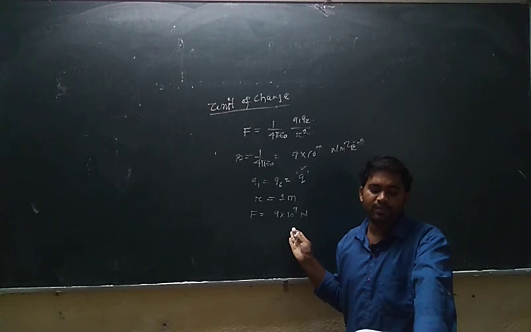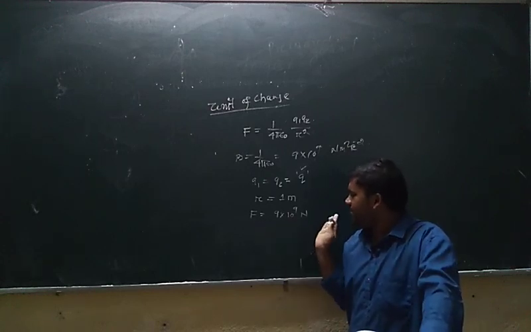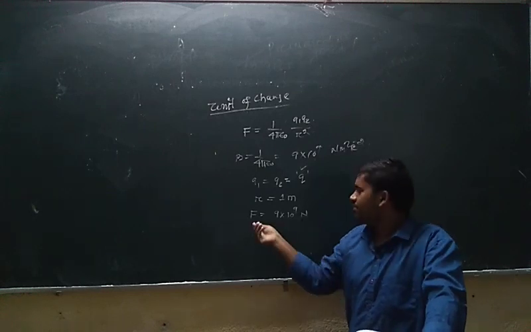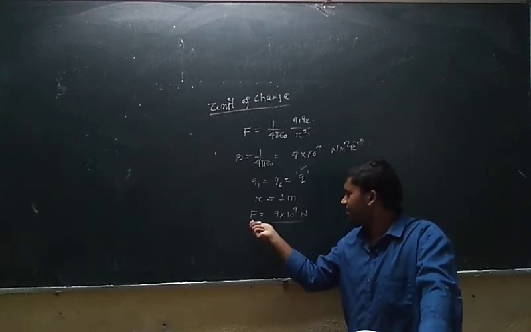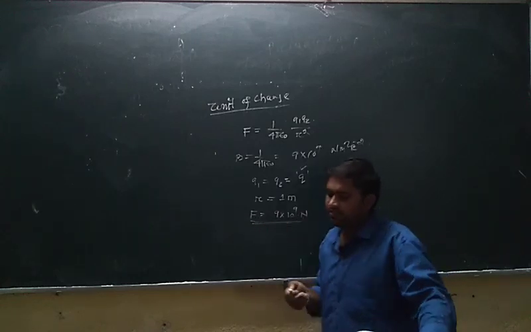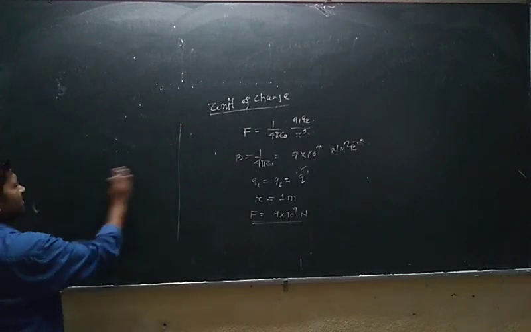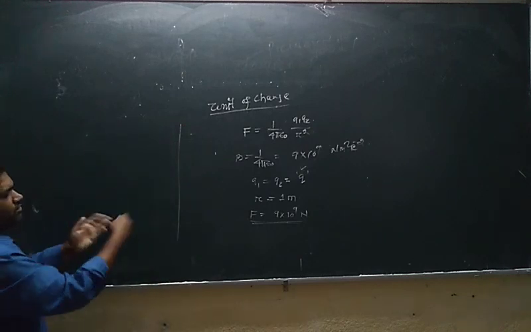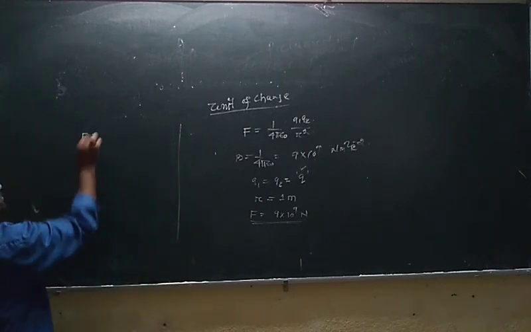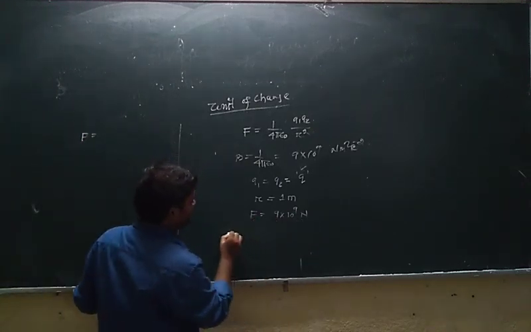You may ask here, how do we get this value? This value can be found by considering this case, where the force equals F. I first calculate here, then I repeat that case.